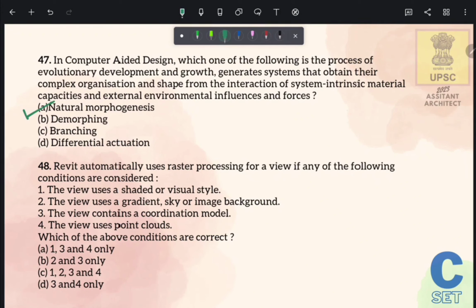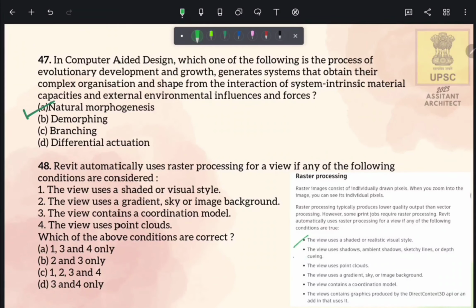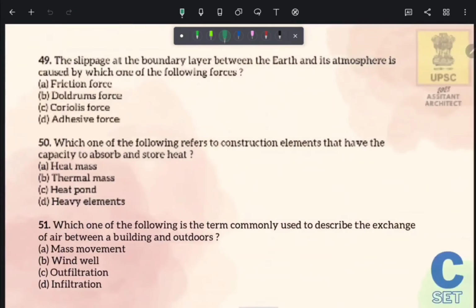Therefore the correct answer is option number A. Question number 48 is Revit automatically uses raster processing for a view if any of the following conditions are considered. So these are some conditions related to rastering in Revit software, and as per this all the statements are correct. Therefore the correct answer is option number C.